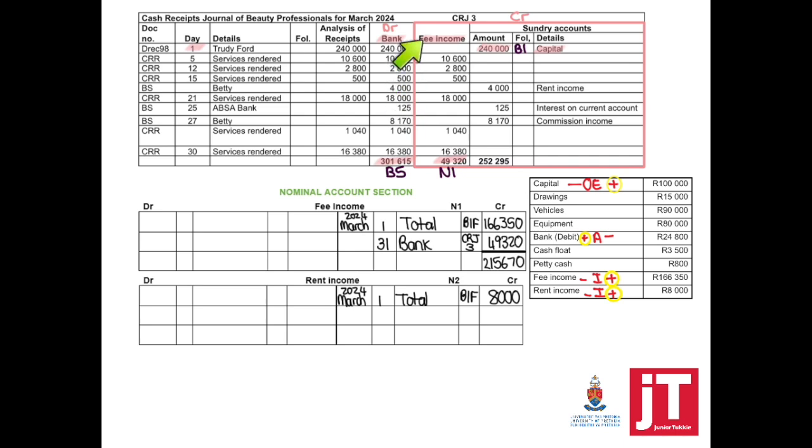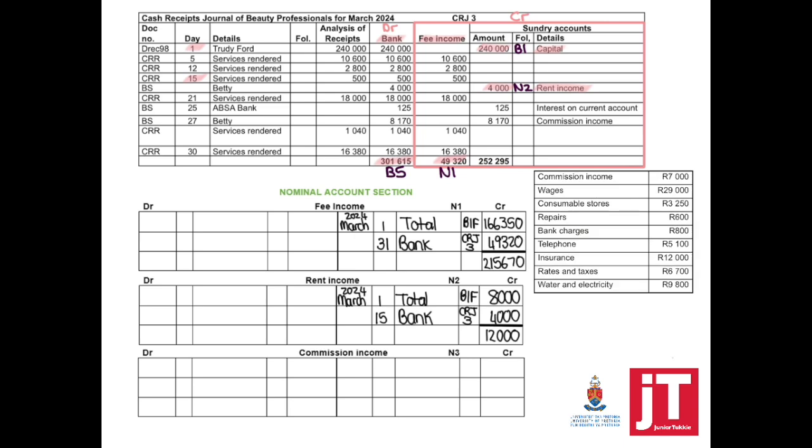And second step, posting from the cash receipts journal, rent income. Now we have to post it on the day of the transaction, which is the 15th, 4,000. End of the month, we can total that by adding those two together.